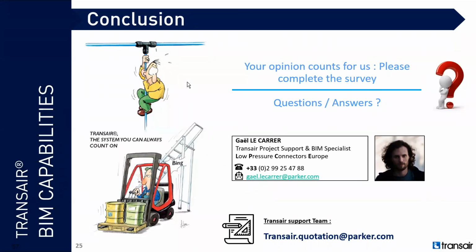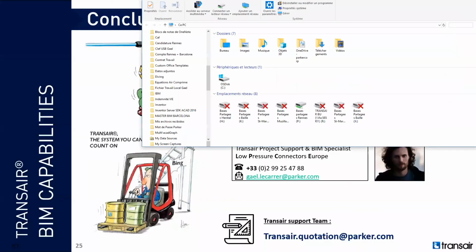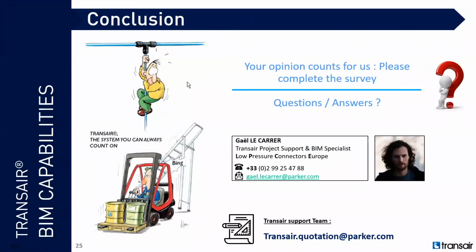I don't know if I have an example of what I could show you. That webinar was really dedicated to the distribution network, not the compressor room. This is something we might do in the future, because compressor rooms usually have bigger diameters, especially 3 inches or more.